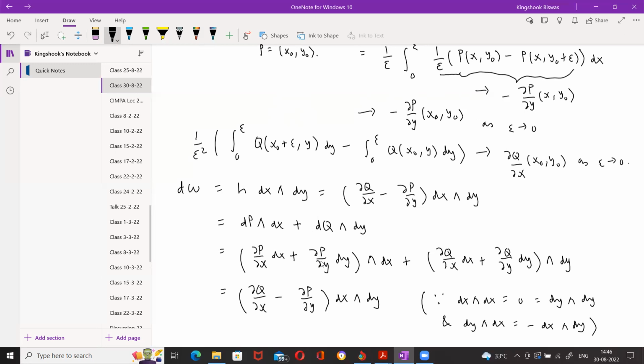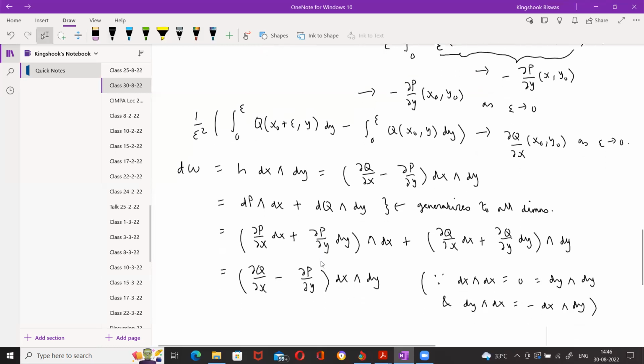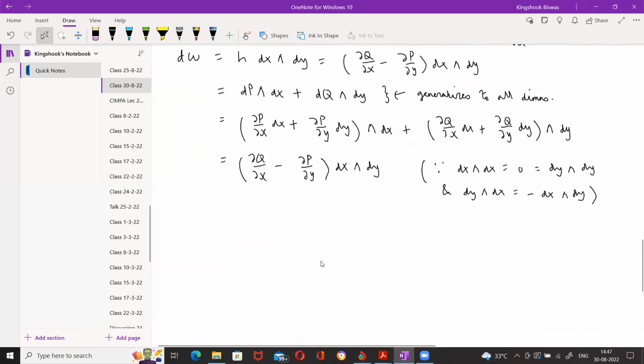All right. So this formula here for d omega generalizes to all dimensions, in the sense that we have the following.